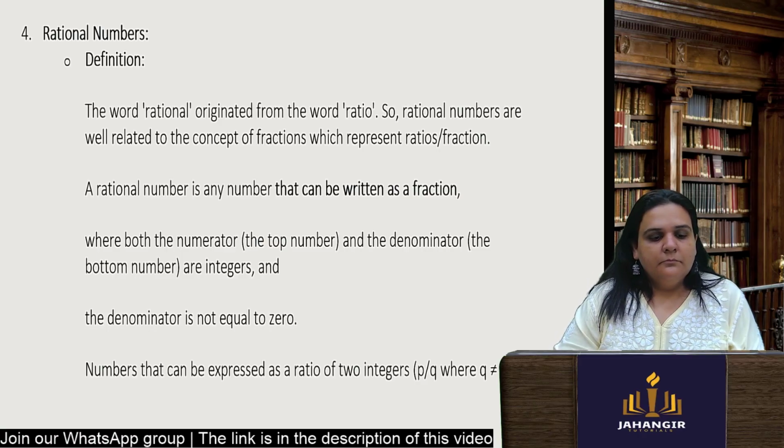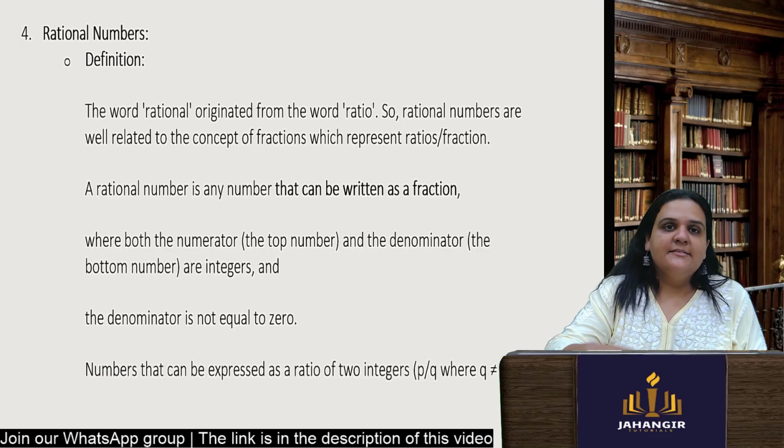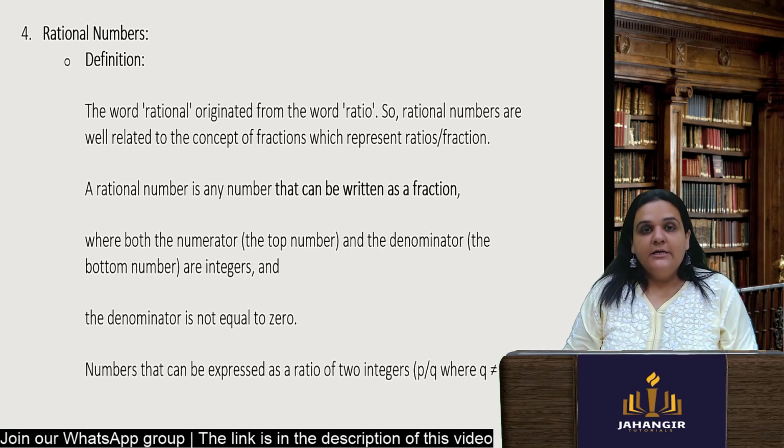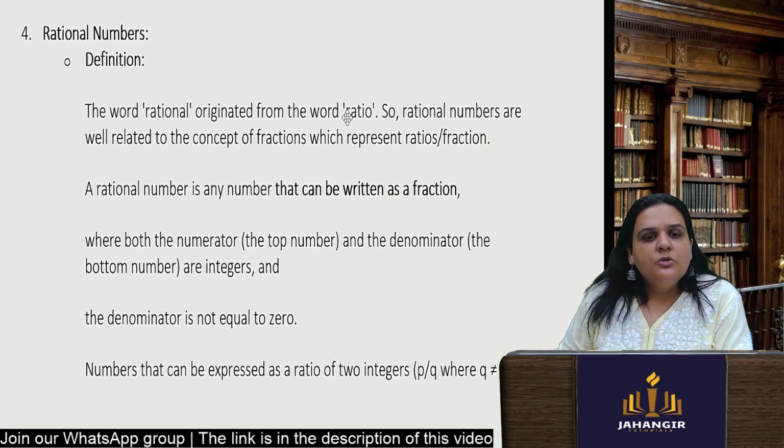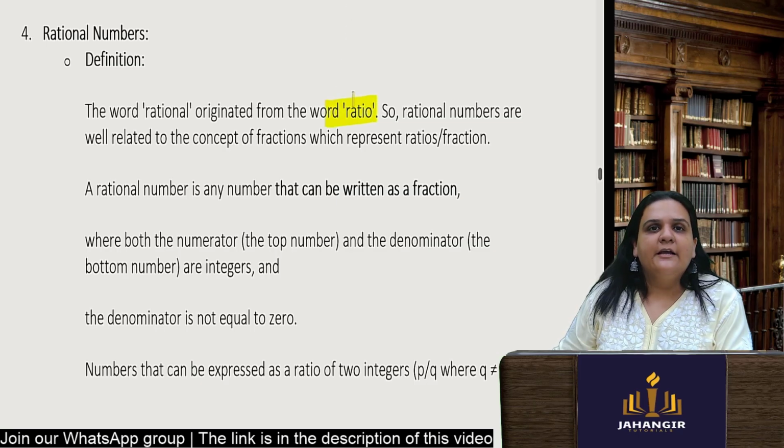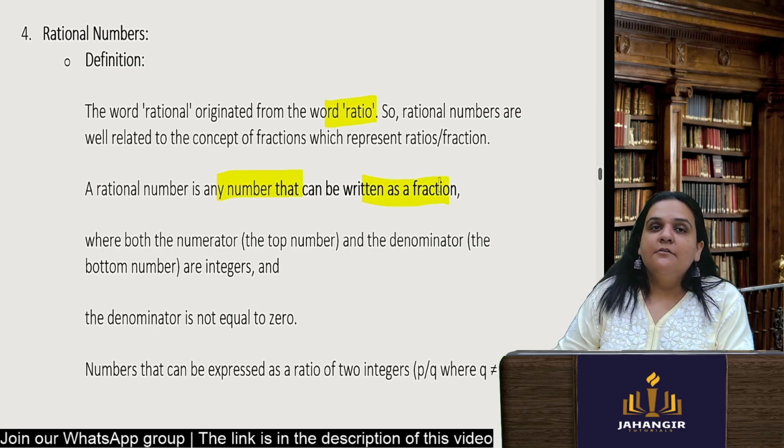I don't have any. No? Okay. Good. Sure. So now rational numbers. As I told you, this is the word which is originated from the word ratio. So those numbers which can be represented in form of ratio or a fraction, I will say it is a rational number. So rational number is any number that can be written as a fraction.